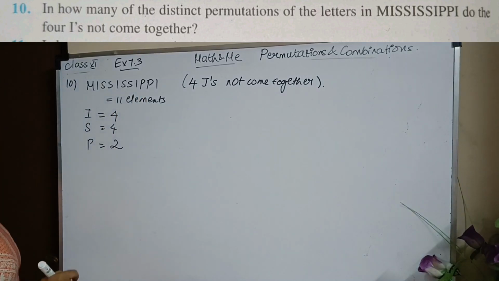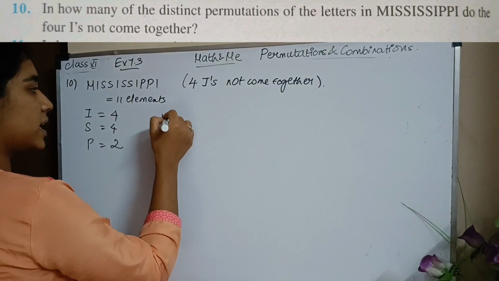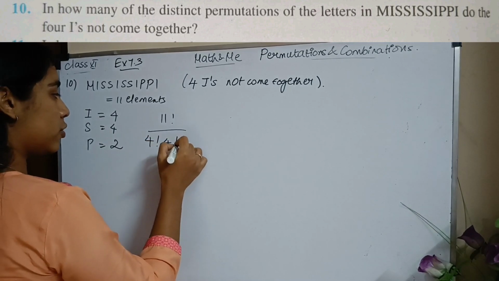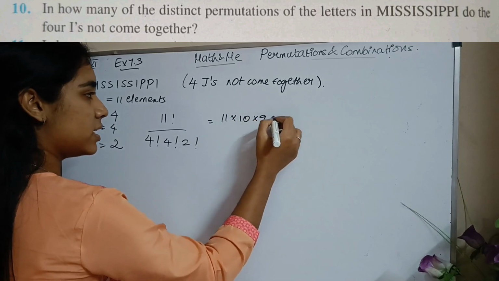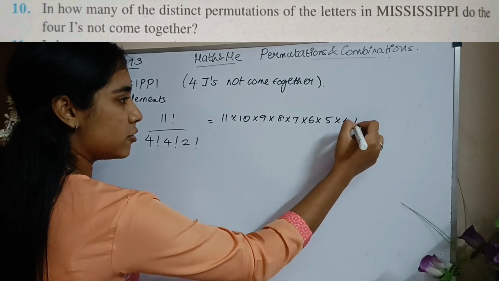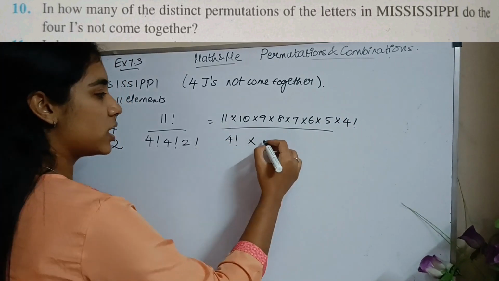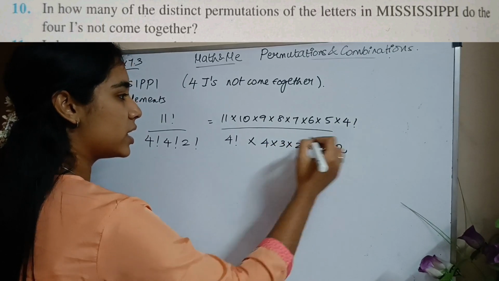So there are these repetitions. What is my general way of representing? The number of ways is 11 factorial divided by the repetitions: 4 factorial, 4 factorial, 2 factorial. So this will be 11, 10, 9, 8, 7, 6, 5, 4 factorial divided by 4 factorial times 4 factorial, which is 4, 3, 2, 1, times 2 factorial, which is 2 into 1.